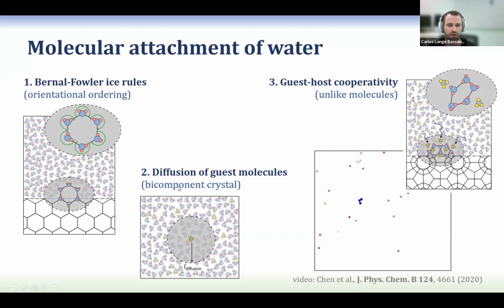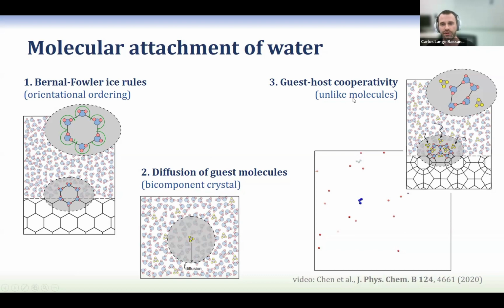Second, when we talk about a bicomponent crystal such as clathrate hydrates, we need to diffuse the gas molecules, right? All this diffusion, especially when we are dealing with low concentration, takes a lot of time. So the growth velocity will be affected. The growth velocity will decrease.